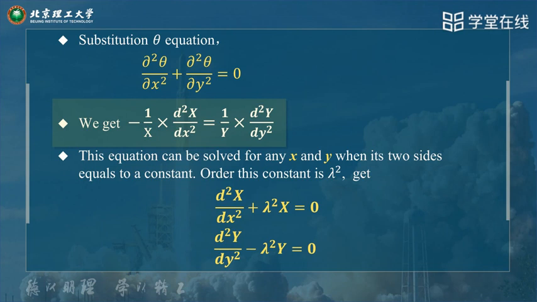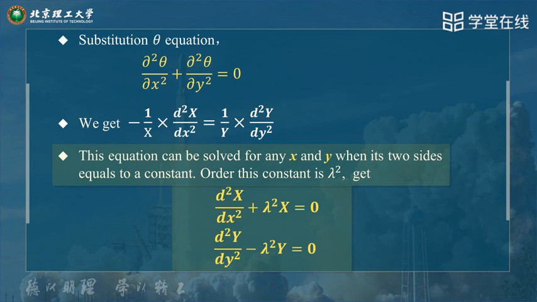So we obtain this equation. With the variables separated, it can hold for any x and y only when both sides equal a constant. Set this constant as lambda squared.